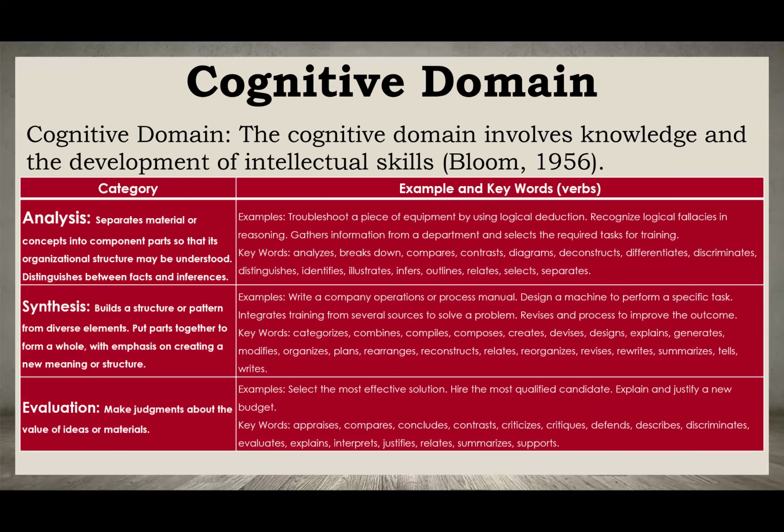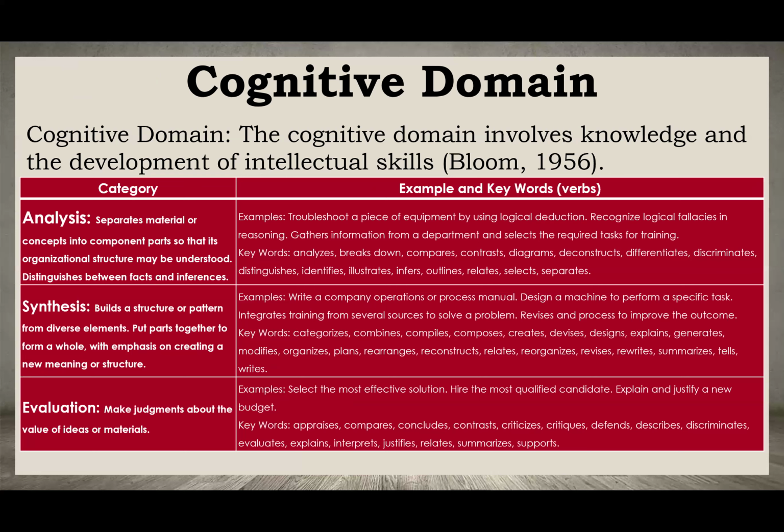Analysis: breaking down information into parts to explore relationships and patterns. Synthesis: making judgments based on criteria and standards through checking and critiquing. Creating or evaluating: putting elements together to form a novel, coherent whole or make an original product.